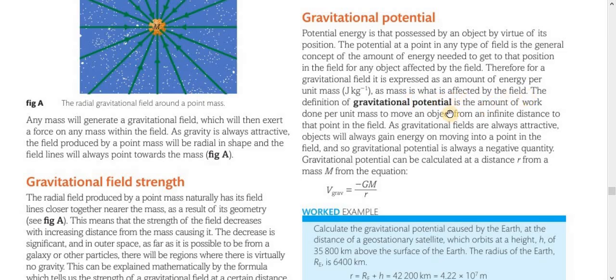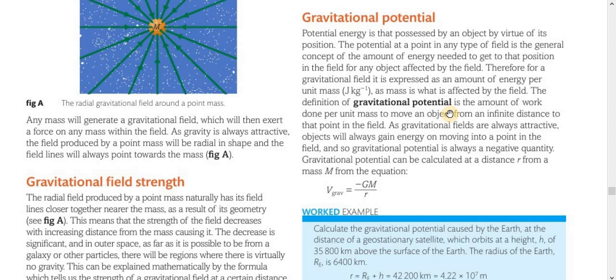Now in the case of gravitational potential energy, you have the formula gravitational potential energy equals mgh. So the greater the mass, the greater the gravitational potential energy. But here we are talking about gravitational potential. So there is a difference. We have gravitational potential energy and gravitational potential.